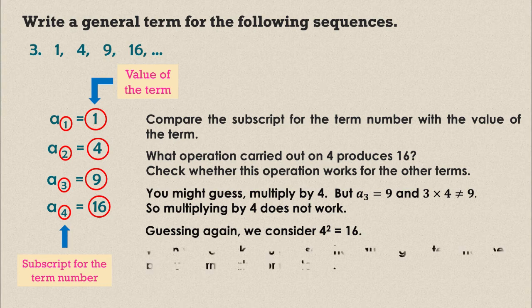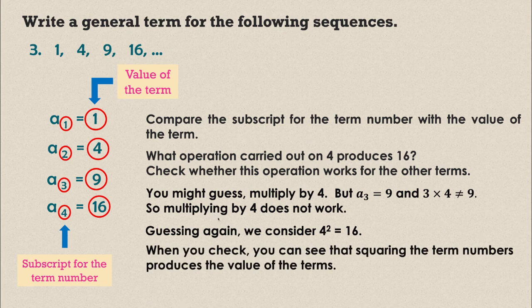So check. So when you check, you can see that squaring the term numbers produces the value of the terms. Okay, 1 squared equals 1, 2 squared equals 4, 3 squared equals 9, 4 squared equals 16.